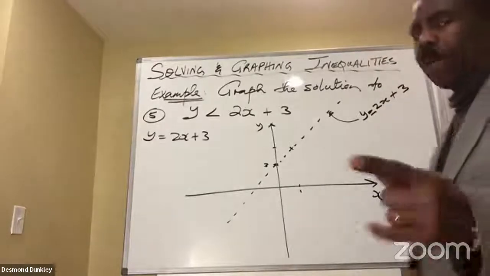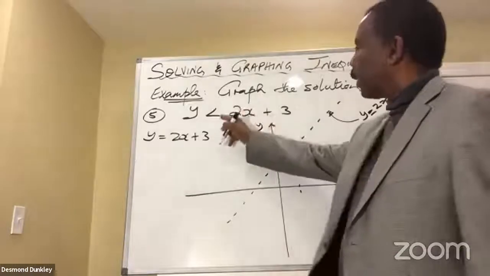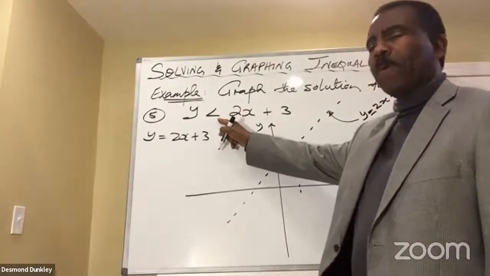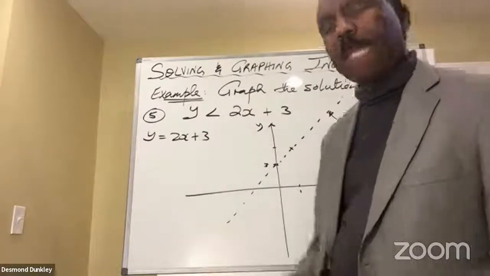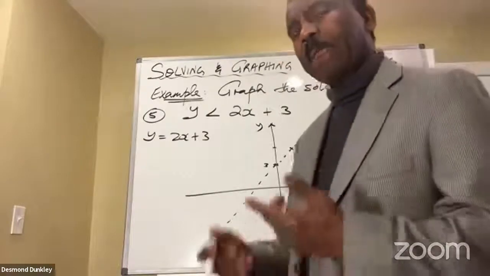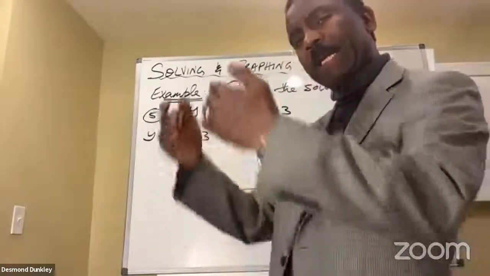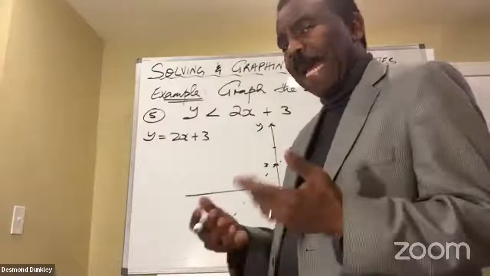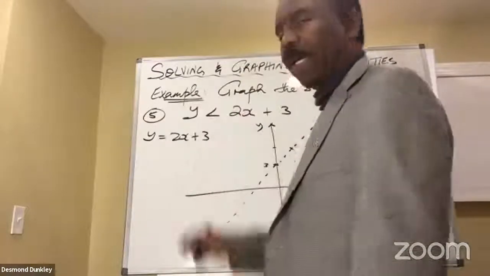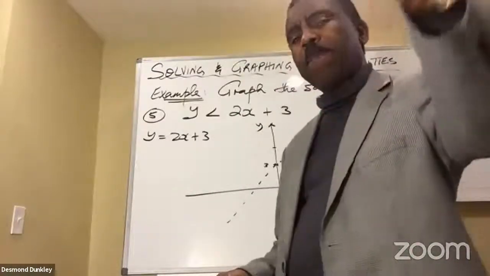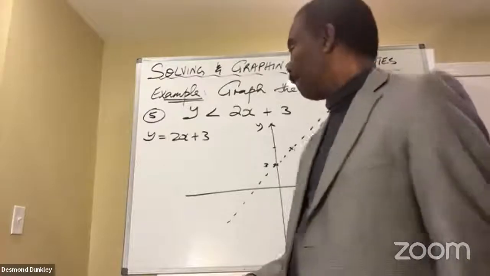And now for the inequality, you have to decide whether you're going to shade above or below. Less than, if you think in terms of literally, if something is less than, it is below. So just by literally looking at the sign, you know that you should shade below the graph.